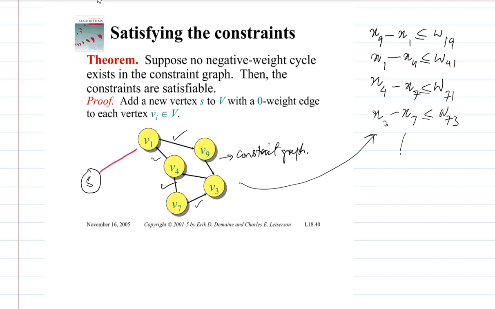So these are the edges which we have added. That means I have connected all the vertices with s using an edge weight of 0. So this is what we have done over here.